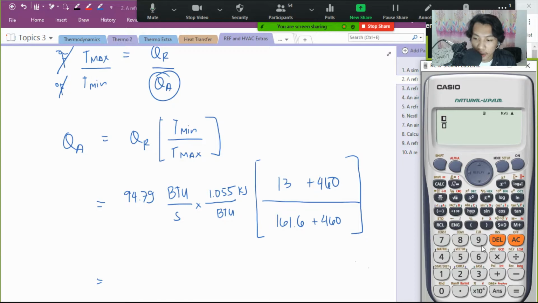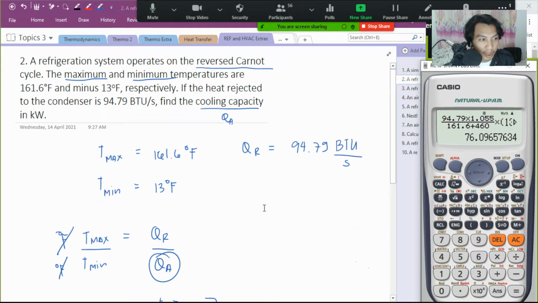Solve na natin. 94.79 times 1.055 divided by 161.6 plus 460 times yung nasa taas, 13 times 13 plus 460. Now the answer will be, yan yung QA. Pero ang hinahanap pala dito, cooling capacity. Cooling capacity ang hinahanap.